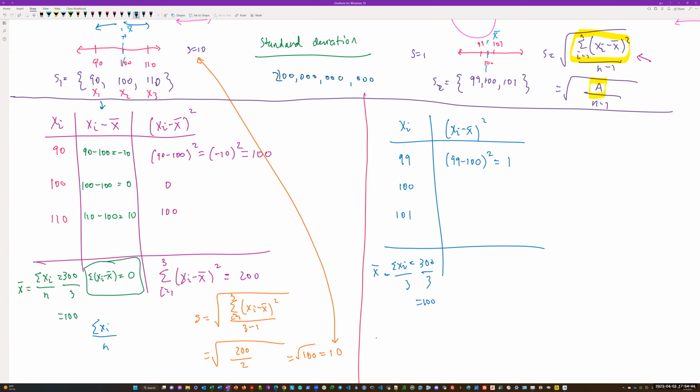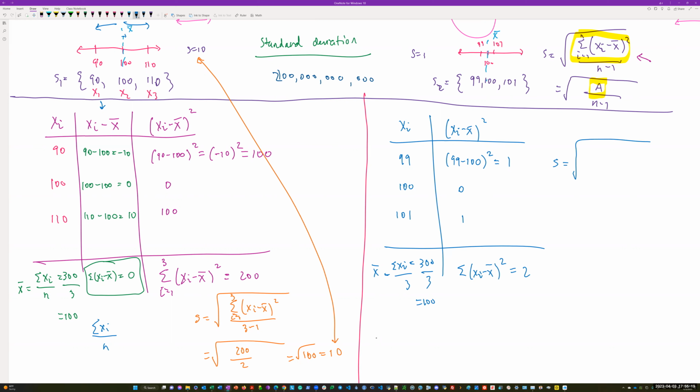What's the next one? Zero is correct. What's the next one? 1 is correct. What's the sum of the square deviations? 2. Does that make sense? What is the sample standard deviation equal to then?